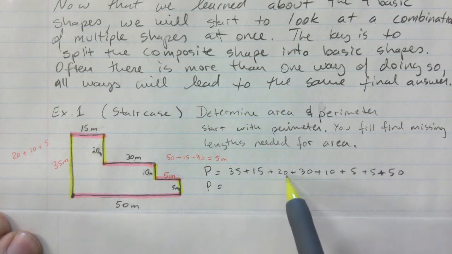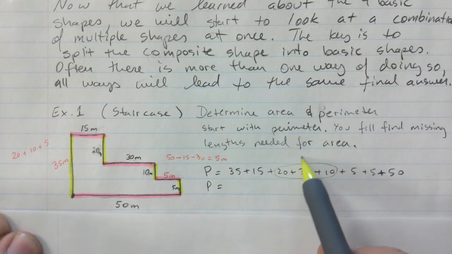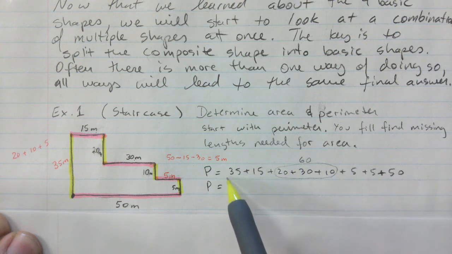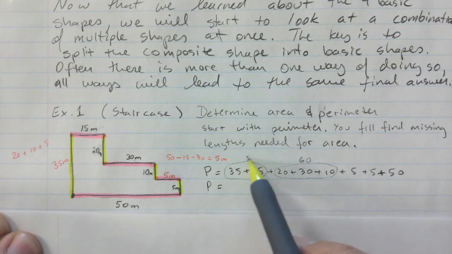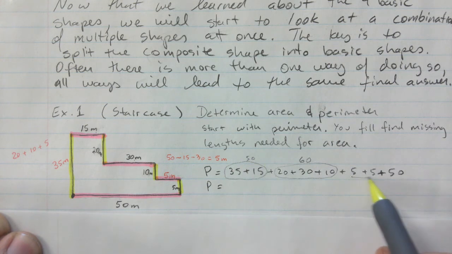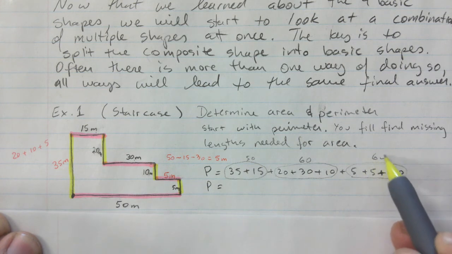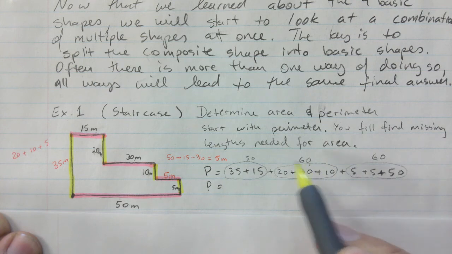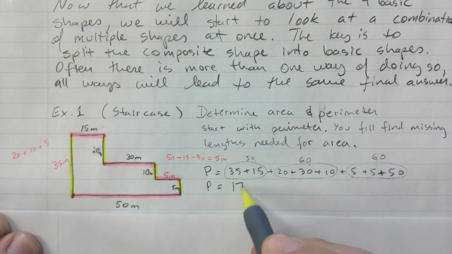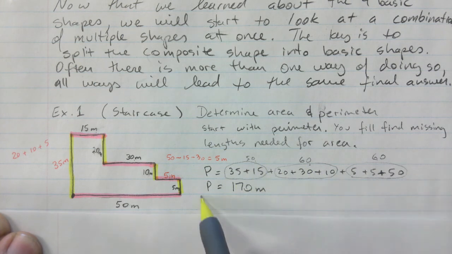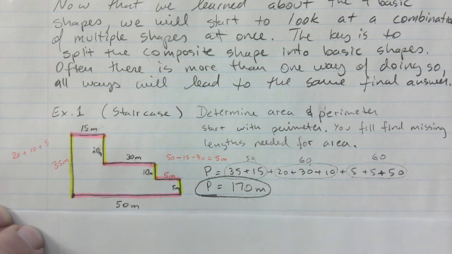Here you can do some mental math, like this right here gives me 60. This right here gives me 50. And this right here gives me 60 as well. So 60 and 60 is 120 plus 50 is 170. You're done.